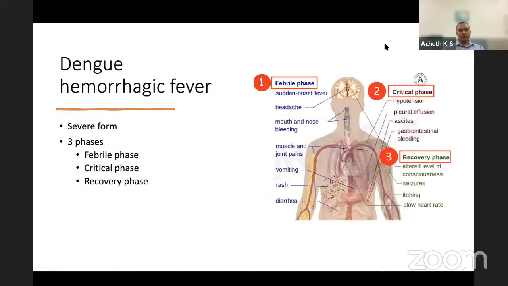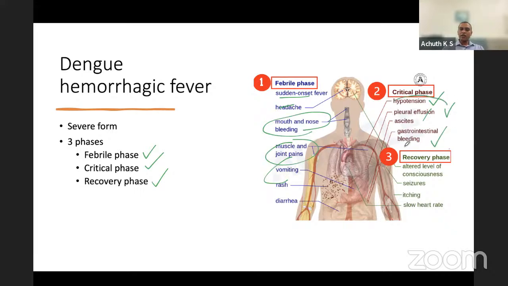Coming to dengue hemorrhagic fever. It is a very severe form. We have febrile phase, critical phase, and recovery phase. In the febrile phase, we have sudden onset of fever, headache, bleeding in mouth and nose, muscle and joint pain, vomiting, rash, and diarrhea. In the critical phase, we have hypotension, pleural effusion, ascites, GI bleeding.